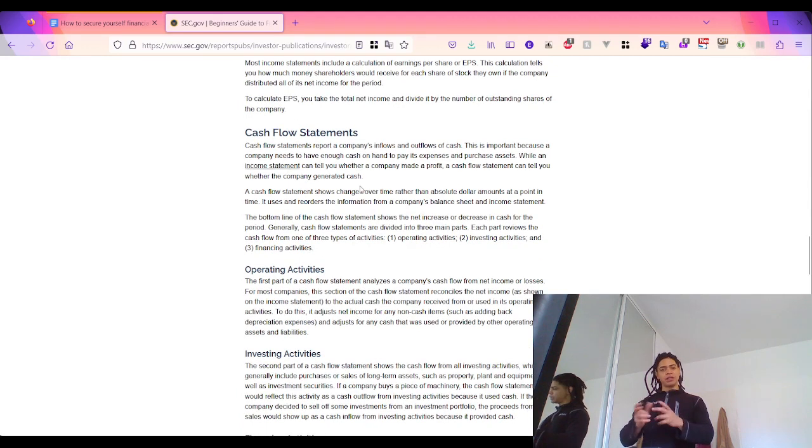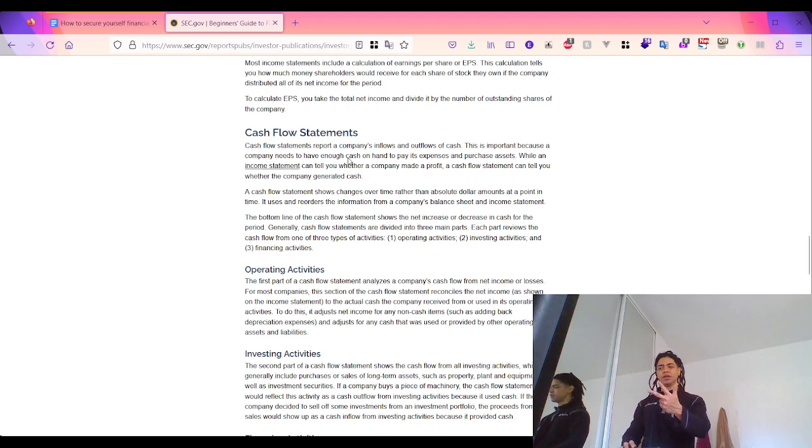So this is generally organized on one of these types of activities. The cash flow statement reviews the cash flow from one of these activities: operating, investing, and financing activity.